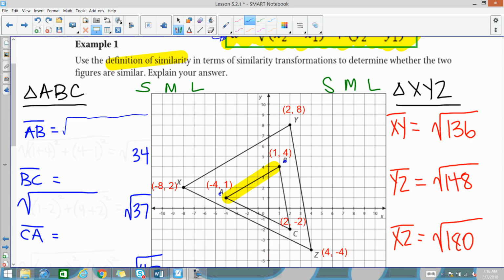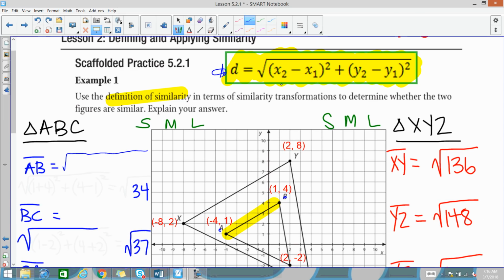The distance formula says this. You're going to go x2 minus x1, which means just take your two x's and subtract them from each other. Order does not matter here. So I'm just going to go A and B's x's: parentheses -4 minus 1, close your parentheses, and we're going to square it, plus parentheses again, and now y2 minus y1.